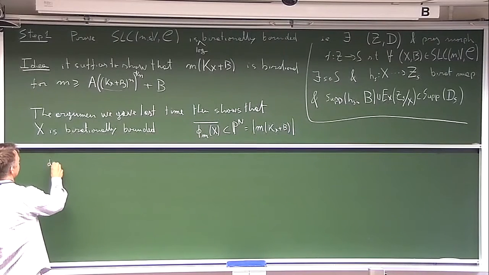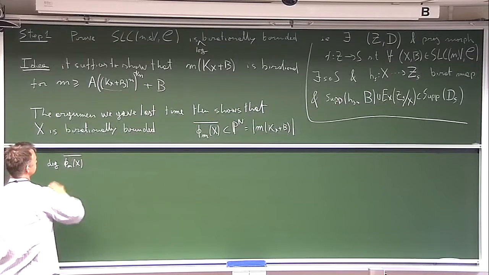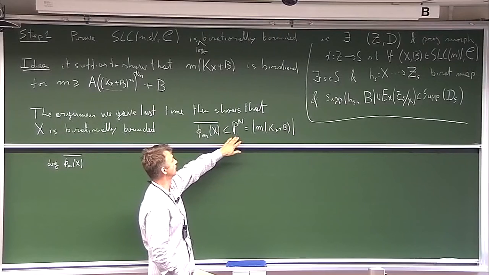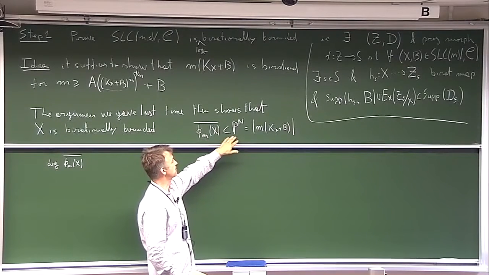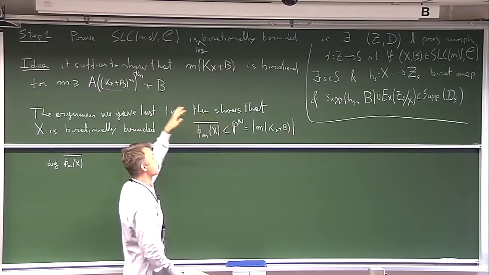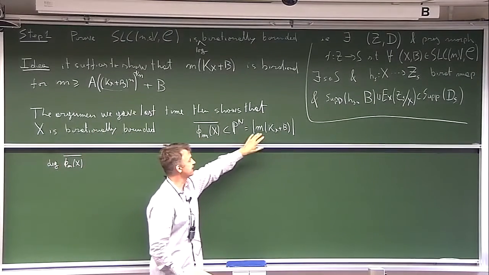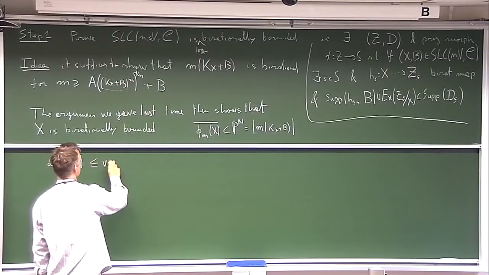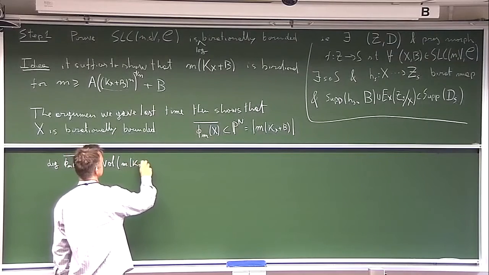Remember, it was something like the degree of phi m x bar. Well, that's just the volume of O P N 1 restricted to this image. That's going to be bounded from above by the volume of the pullback of this guy on x. But the way this map is induced is from this linear series. So that's bounded from above by the volume of m kx plus b.